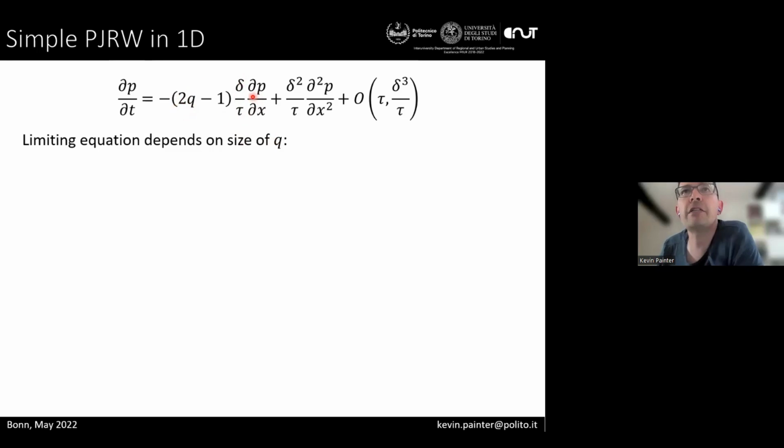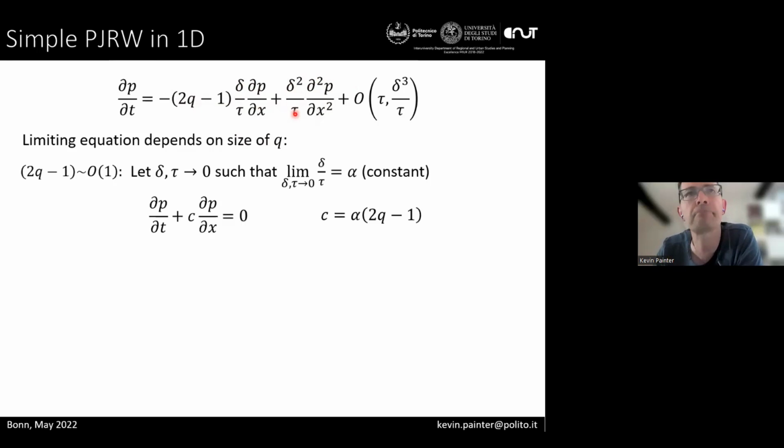In front of the dP by dx, we've got a delta over tau, but we've also got this 2q minus 1. In front of the d2P by dx squared, we've got a delta squared over tau. So we have to be careful about how we get our limiting equation according to the sizes of these various terms.